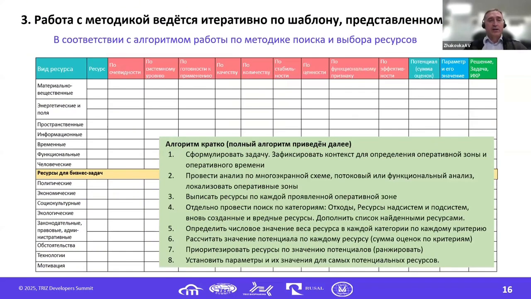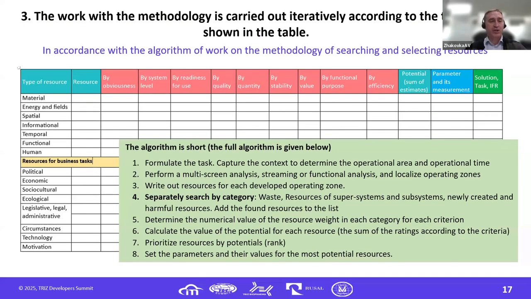And the third point, how to work with these methods, is interactive. You have a special model, and this table features an algorithm. It is supposed that you fill in the blanks in this table.